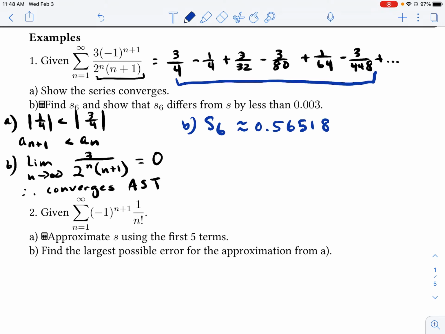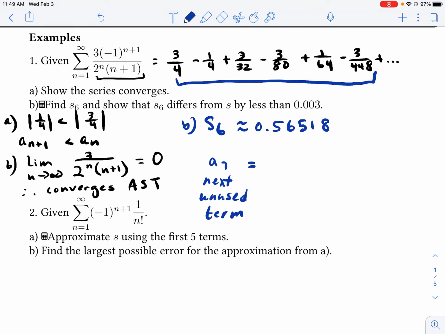We employ the alternating series error bound theorem, which says in a convergent alternating series, our partial sum is going to be off from the actual sum by no more than, in fact, it's less than or equal to, our next unused term. So what is our next unused term? This would be the first term we're not adding. In other words, it's our 7th term, right? This is our next unused term.